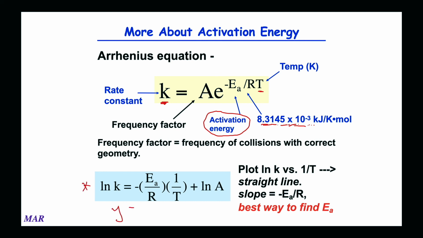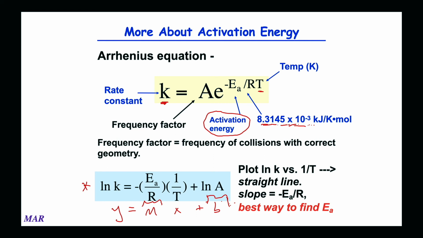It's y equals mx plus b. m is the slope, all right? Negative E_A over R equals the slope, which is a cool way to find the energy of activation. And b is related to the frequency factor. b equals the y-intercept equals natural log of A.